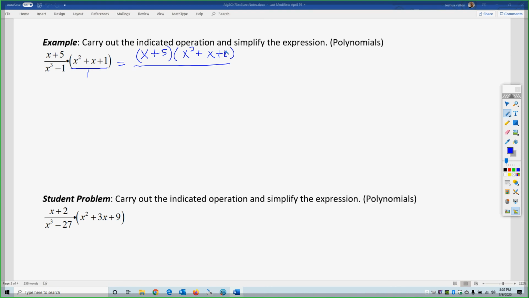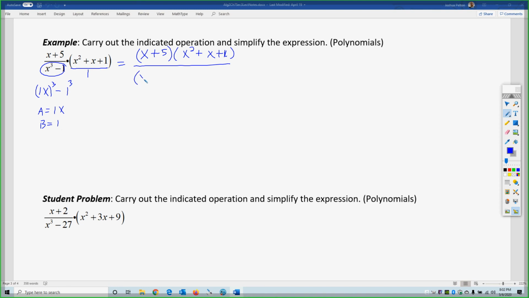On the bottom, we just have a 1, which we can basically ignore, but we have a cubic term, which is 1x cubed minus 1 cubed. So A is 1x and B is 1. So do the perfect cube rule for a difference of two cubes.